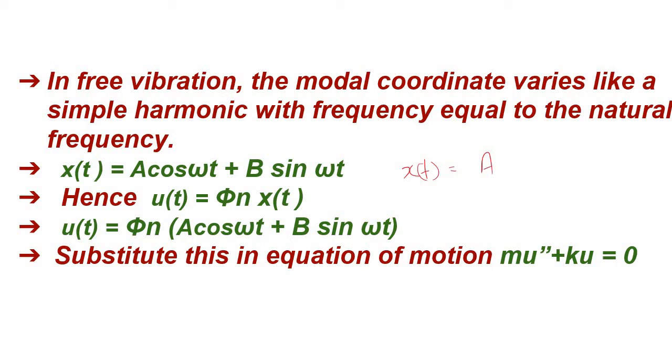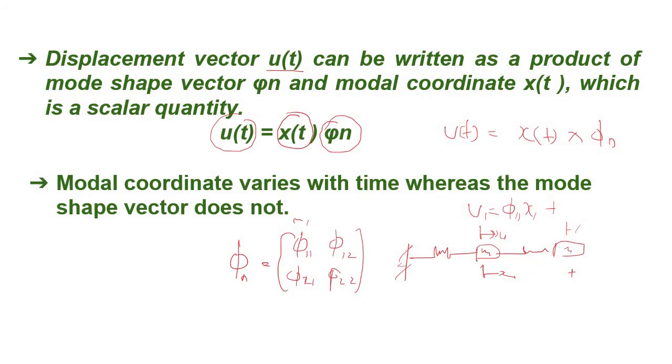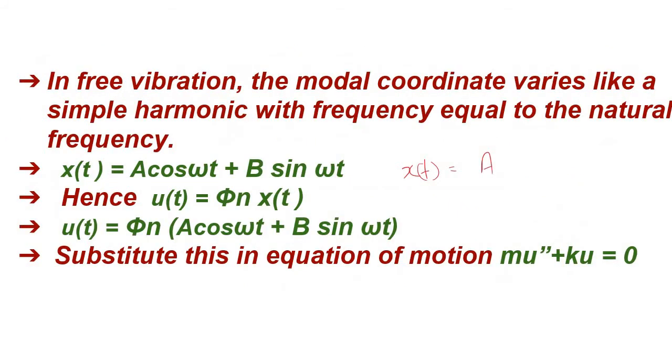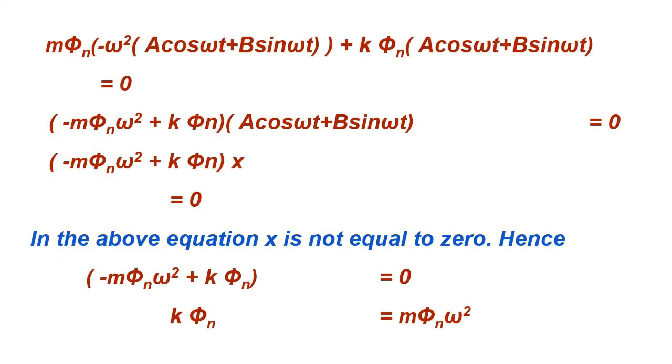So I am substituting this, and I get phi n into a cos omega t plus b sin omega t. Now I am considering this equation, which we all know is the equation for an undamped system.